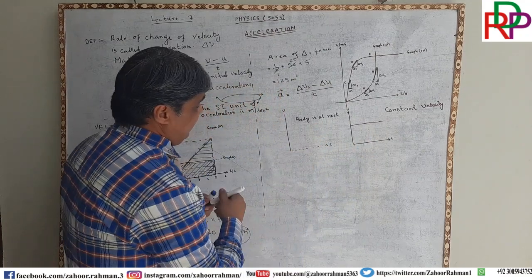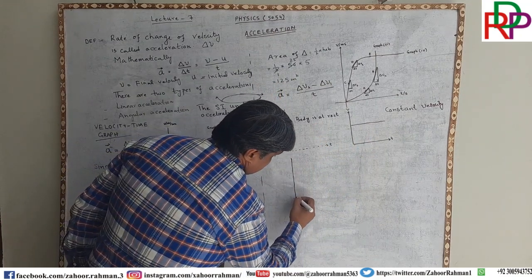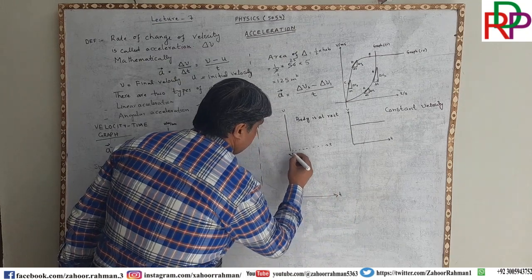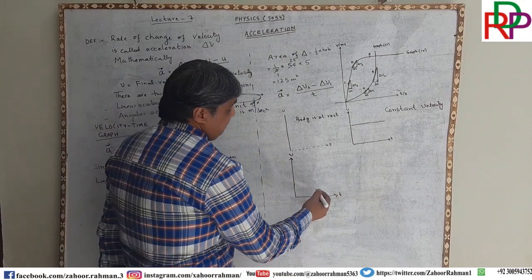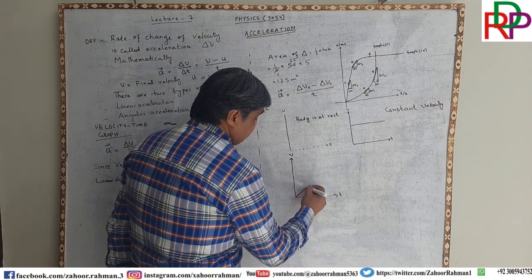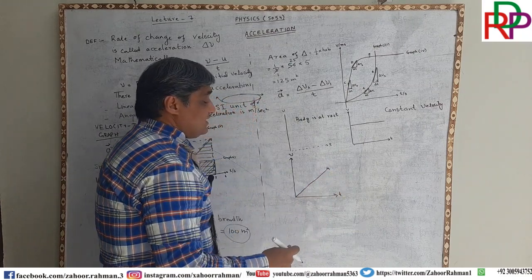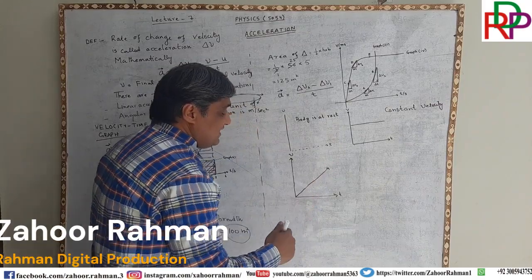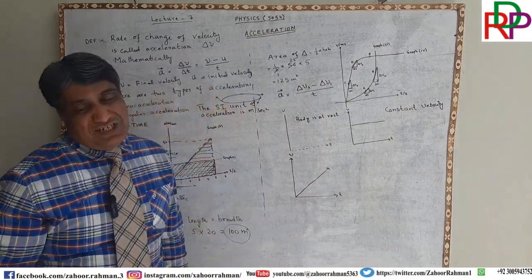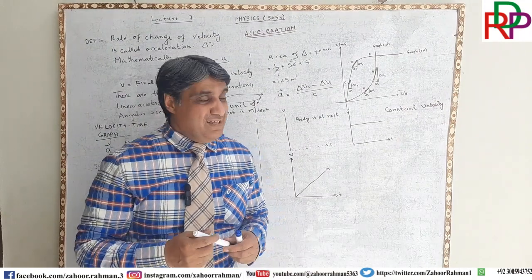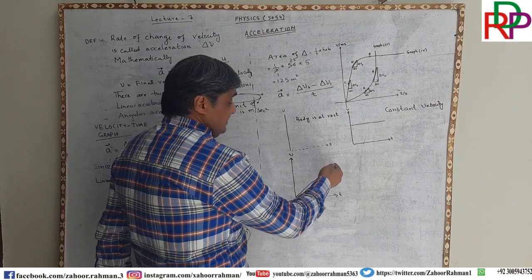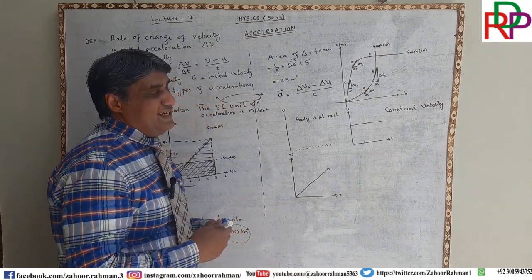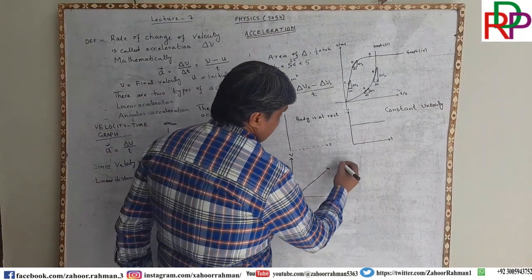This is at rest. Now, if a third type of graph is given to you, with time and velocity, and the graph is like this, the velocity is increasing with respect to time, so there is an acceleration.